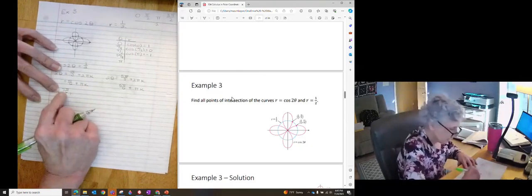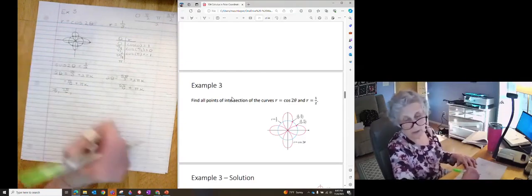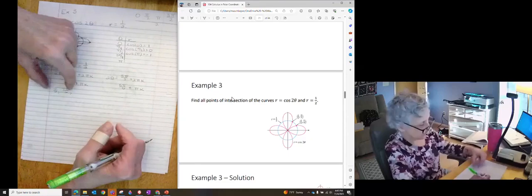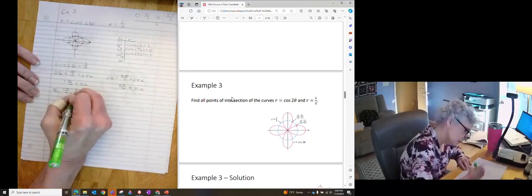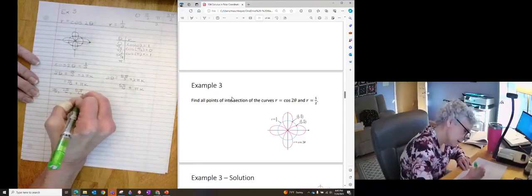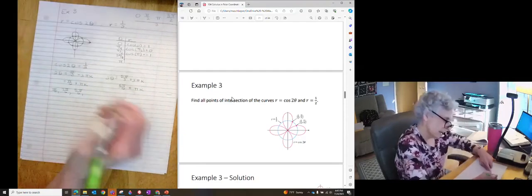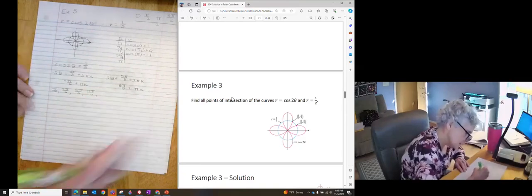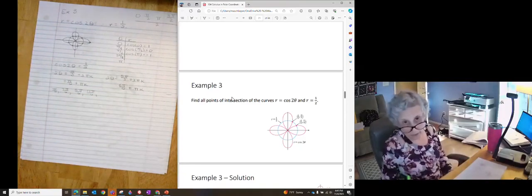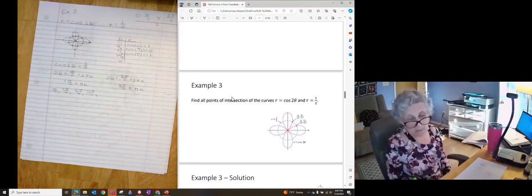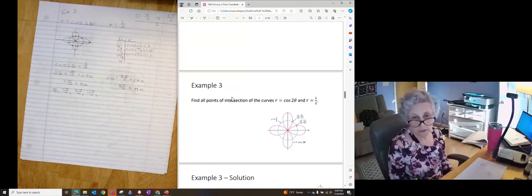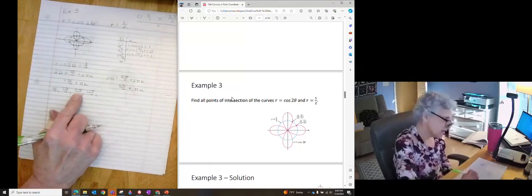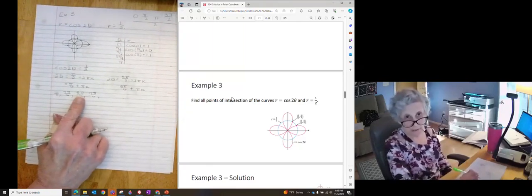Well, if I do that, I get 13 pi over 6, which is bigger than 2 pi. So I've gotten 2 answers from here. I have 5 pi over 6. I add pi to it. I get 11 pi over 6. If I add another pi, then I would have 17 pi over 6, which is bigger than 2 pi. So I've only gotten 4 answers by solving this.